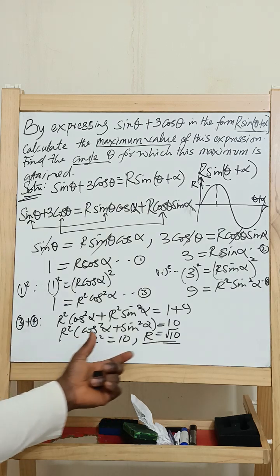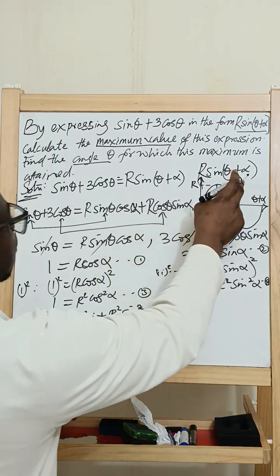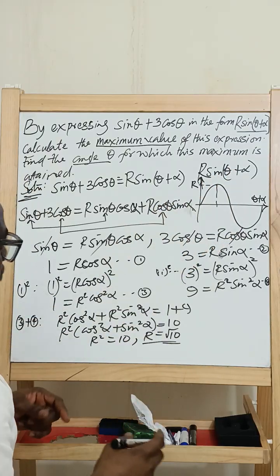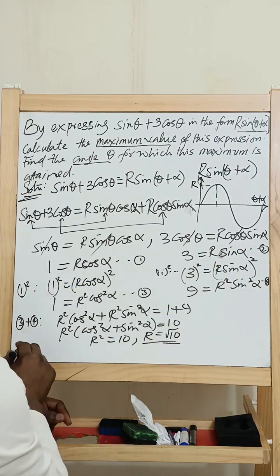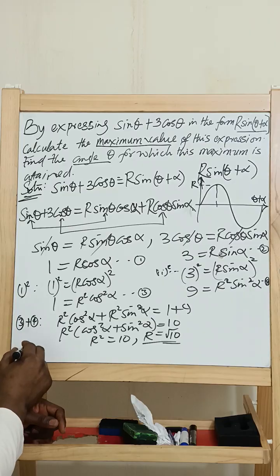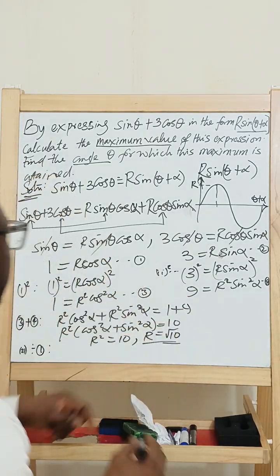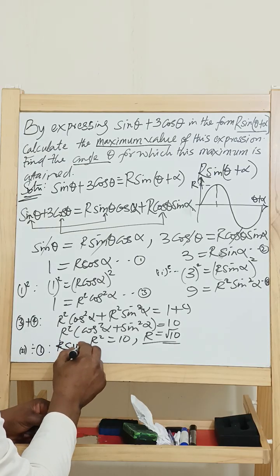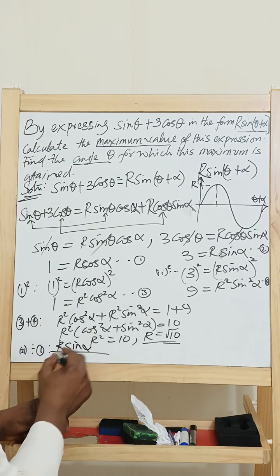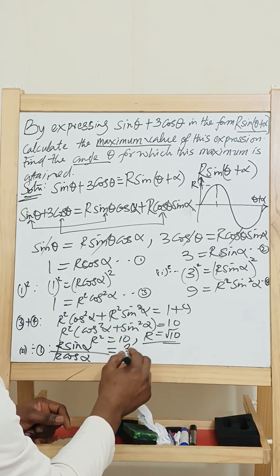So we have been able to get r, the square root of 10. But we need to get alpha as well. How do we get alpha? We divide equation 2 by equation 1. So r sine alpha over r cos alpha equals 3 over 1.